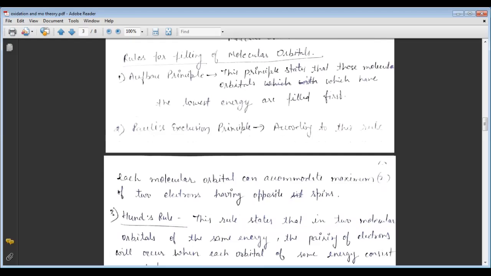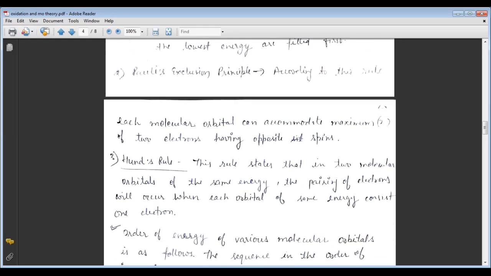The first is the Aufbau principle, the second is Pauli's exclusion principle, and the third is Hund's rule. We all know about these three rules. First of all, we take the Aufbau principle. This principle states that those molecular orbitals which have the lowest energy are filled first, meaning the one with lower energy is filled first.